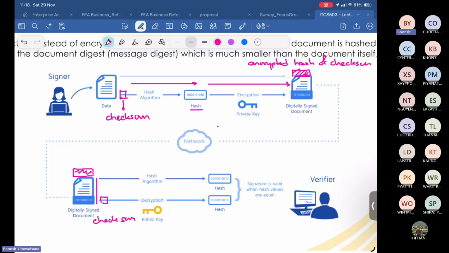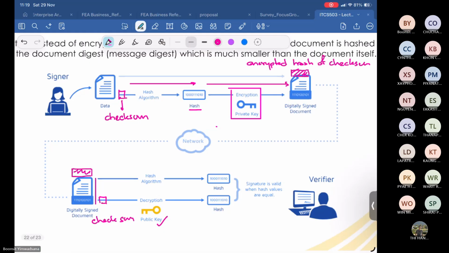So Alice takes this encrypted hash of the checksum. She will reverse the process using Bob's public key, because anyone can have Bob's public key. So Alice takes Bob's public key and then decrypts this information.